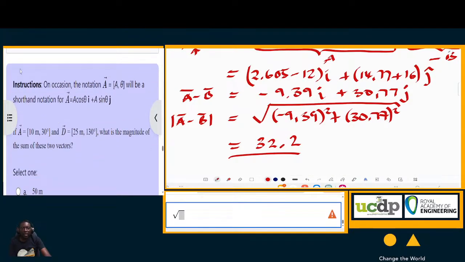Before you move to question 13, can I ask now? Is there a question whereby we are just given the polar coordinates of two vectors and they want the summation of those polar coordinates? Is there a way whereby we can directly find the coordinate without finding the components of the vector?